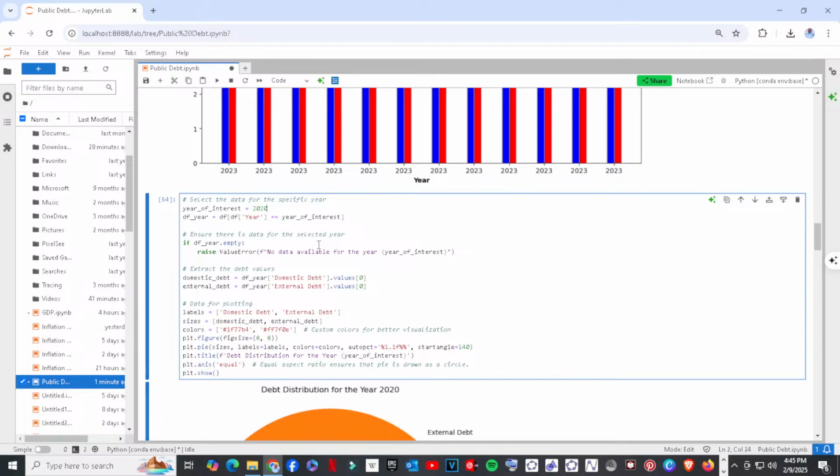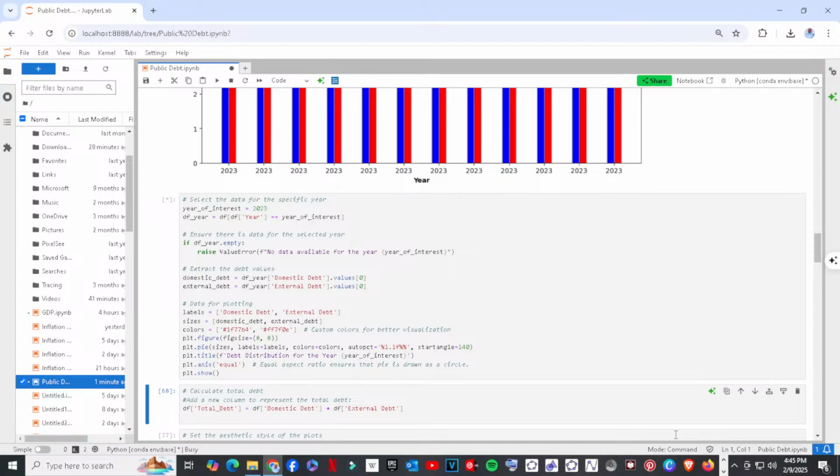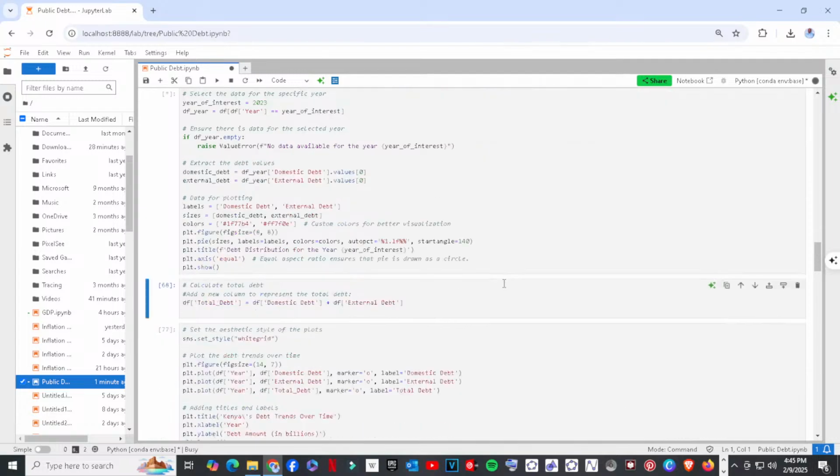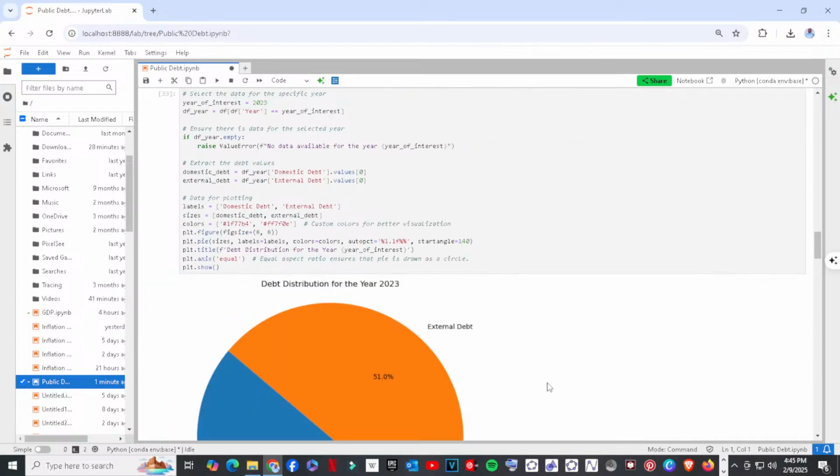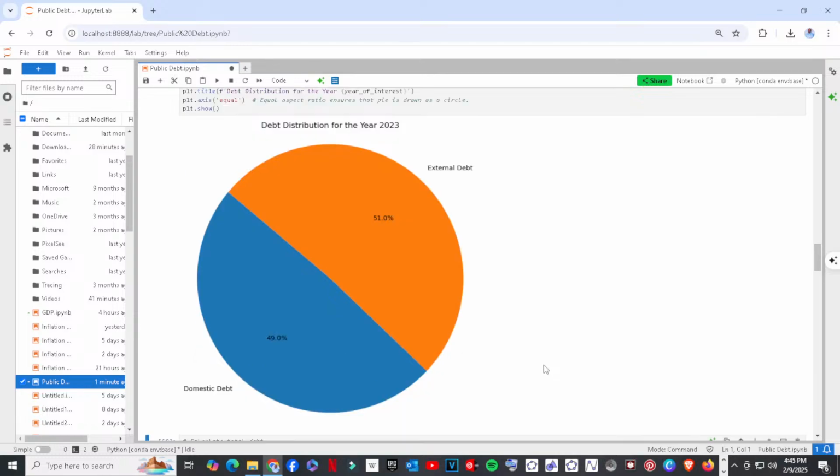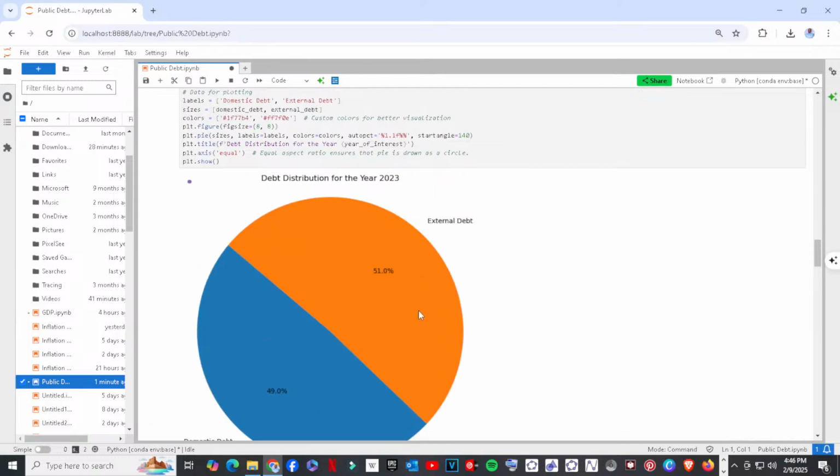So I say 2023 and run. And we see that the debt distribution for the year 2023 is that external debt makes up 51% of the total debt.